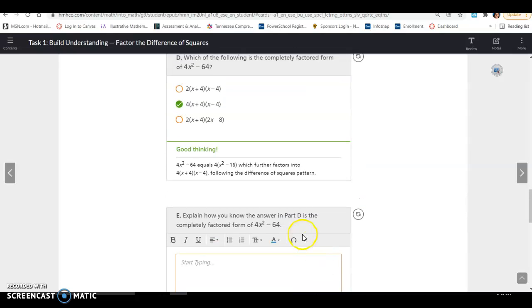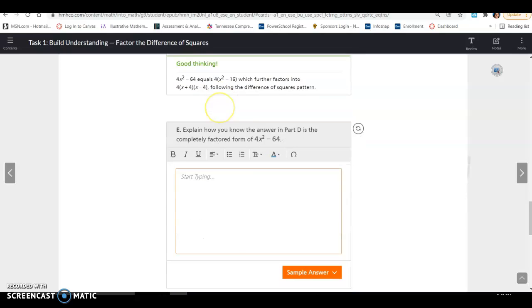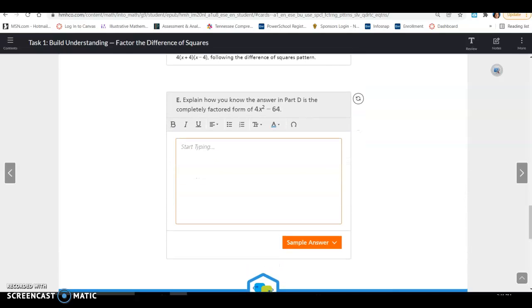All right, this is completely factored because there's no more common terms that could be pulled out. There's nothing that comes out of both x and 4, and there's nothing here that comes out of x and negative 4. So we know that this is completely factored form because that's reduced as far as you can reduce it. All right, that's all for task 1.